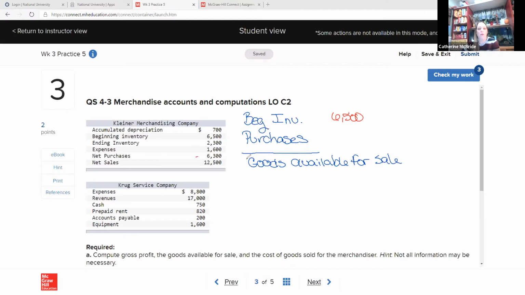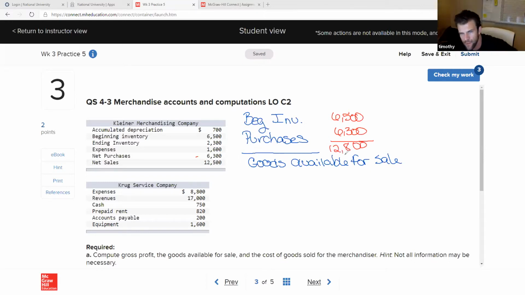My purchases are 6,300. So I have $12,800 that I could possibly sell. And that was using my beginning inventory and my net purchases. Does that make sense? That's everything I could have sold.